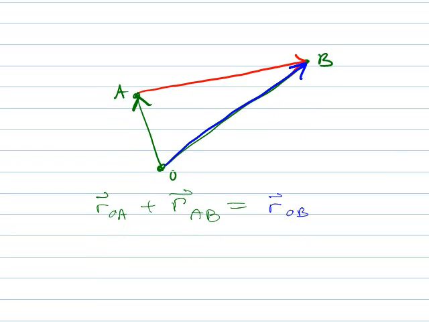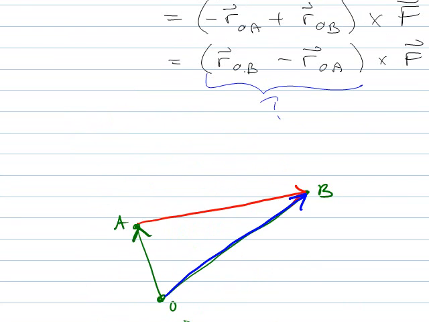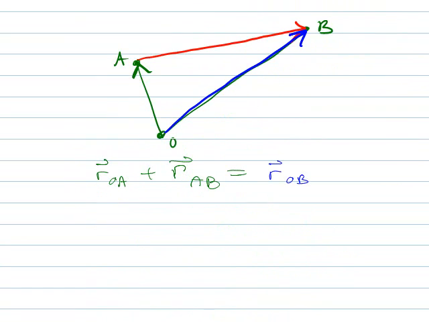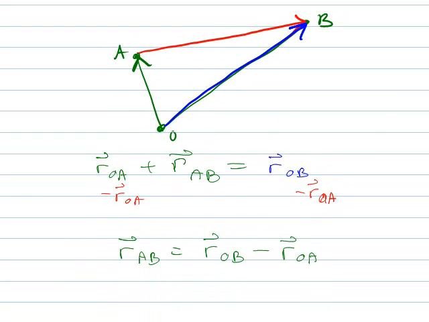So let's do some isolation here. What I'm looking for is ROB minus ROA. If I subtract ROA from both sides, I get R from A to B is R from O to B minus R from O to A. So RAB is ROB minus ROA, and you should know that.